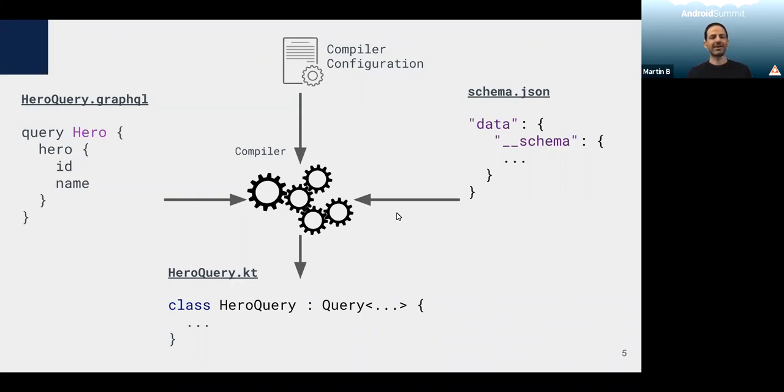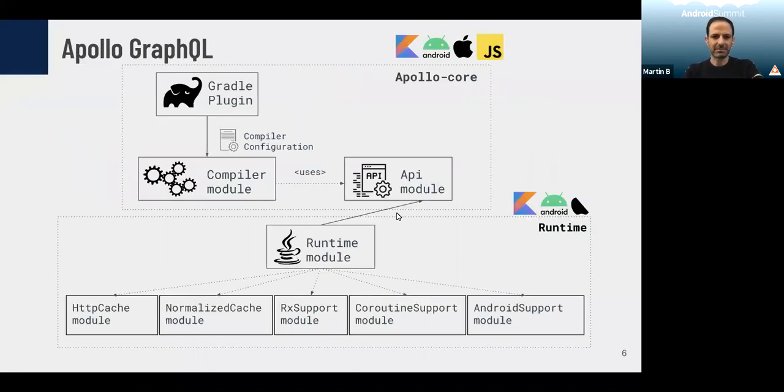So at a very high level, ApolloAndroid works like this. It takes queries on one side, your GraphQL schema on the other side, a bit of configuration, puts all that in the compiler, and in the end, you end up with generated Kotlin models.